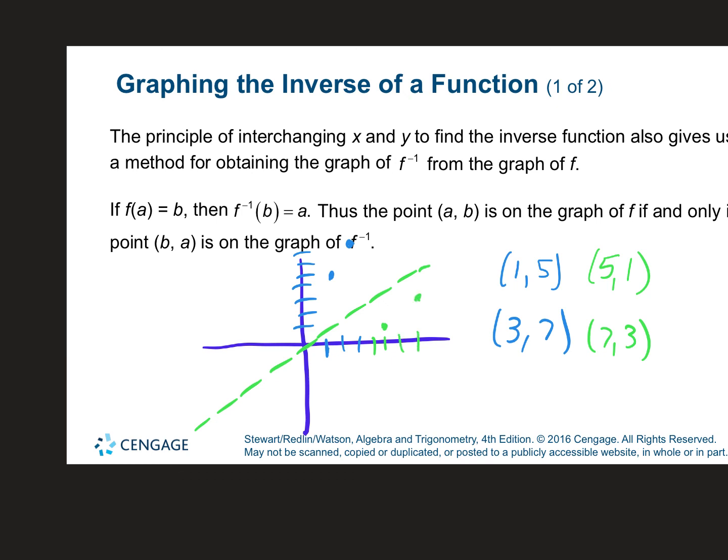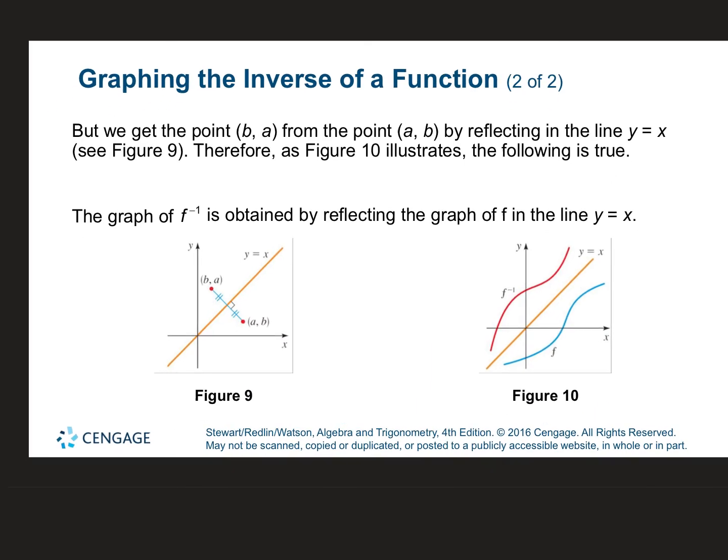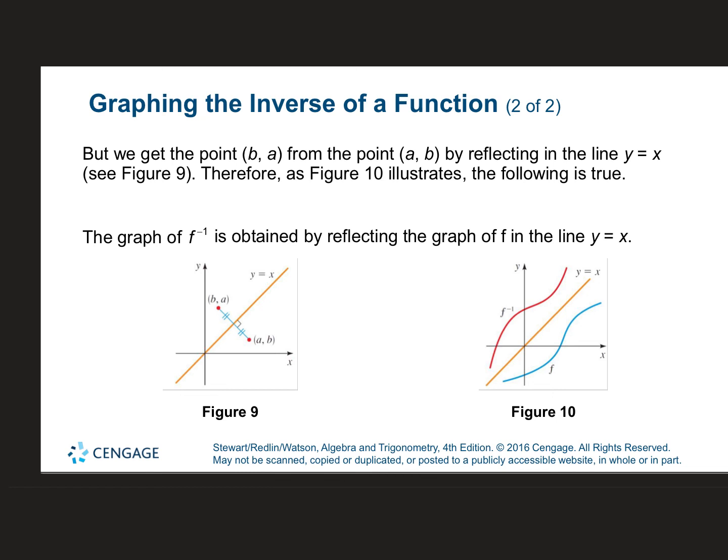So here, if you notice, it's a mirror image that just happens to reflect over that line y equals x, that diagonal line through the origin. Which is exactly what I just said. If you are given the points A and B, like B and A here, if you flip the B and the A, you flip the domain and the range, you flip the x and the y, it's going to create a mirror image, but it's going to be reflected over this diagonal line, y equals x.